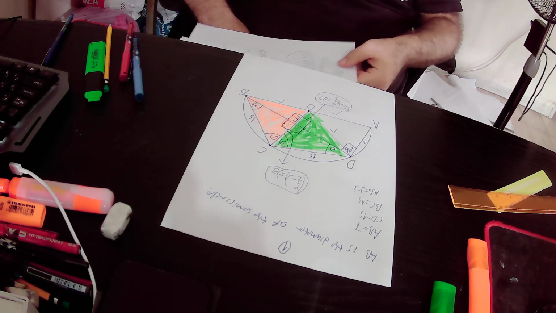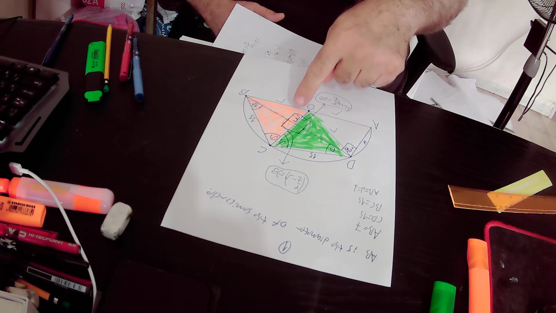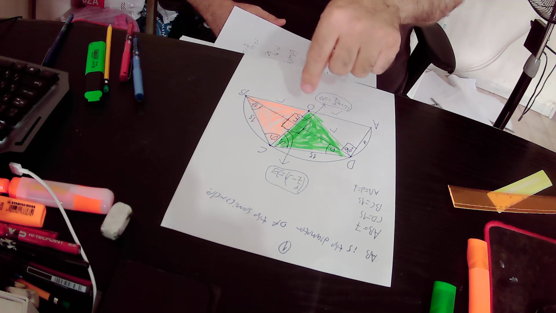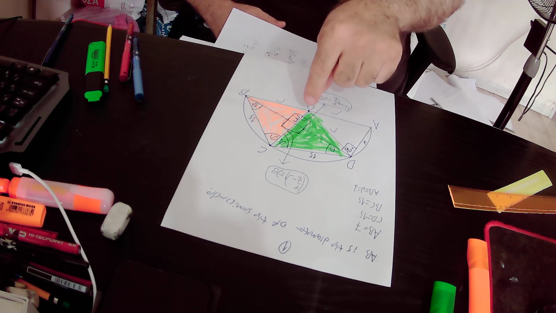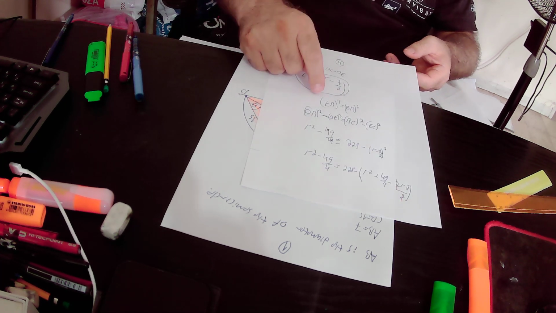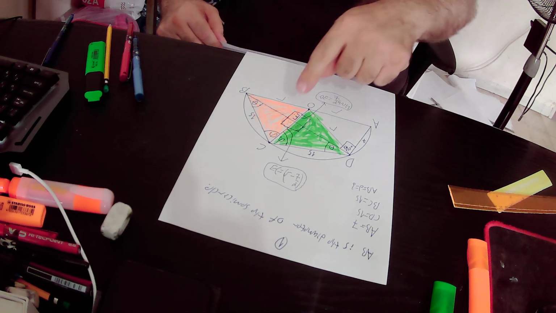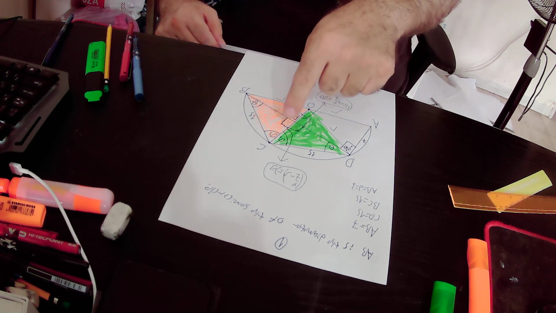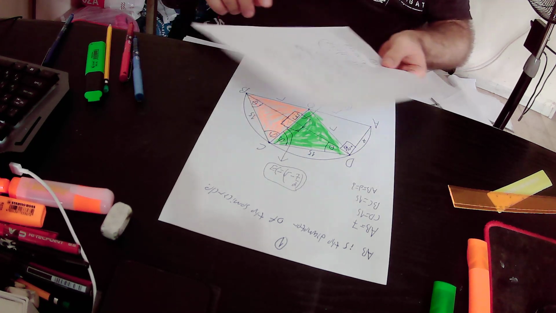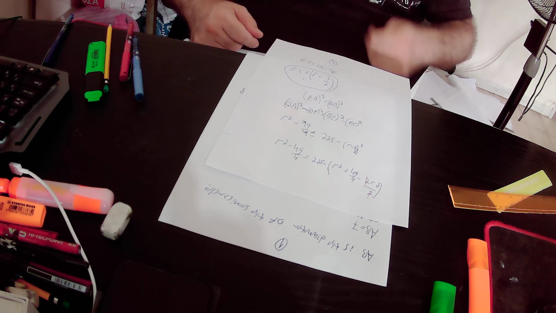So the first EB square, related to this triangle, according to the Pythagorean theorem, equals OB square minus OE square. And the second EB square is related to this right triangle. It equals CB square minus CE square.